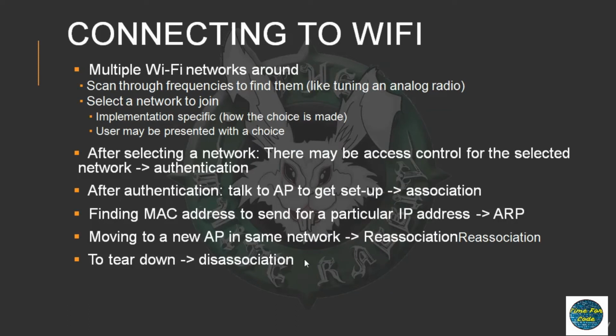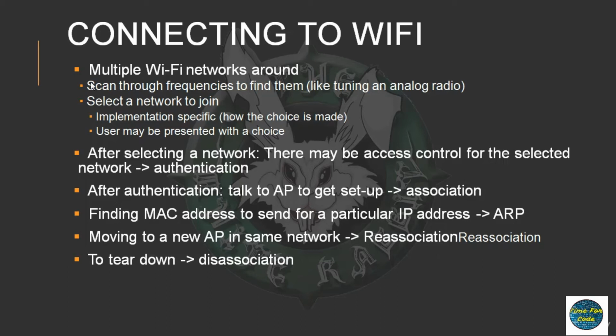So this issue about the multiple Wi-Fi networks around, what's actually happening is that in order to show you a GUI like what we saw in the previous slide, the network interface card is actually scanning through different frequencies to find the different Wi-Fi networks around. Now, depending on the capabilities of your network interface card, it might be scanning at 2.4 gigahertz, 5 gigahertz, or maybe both.